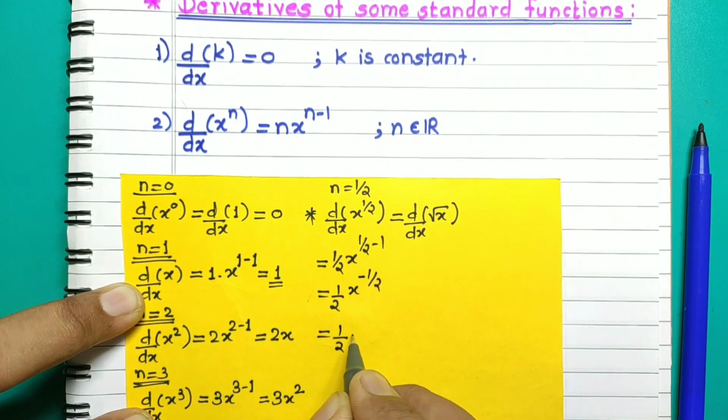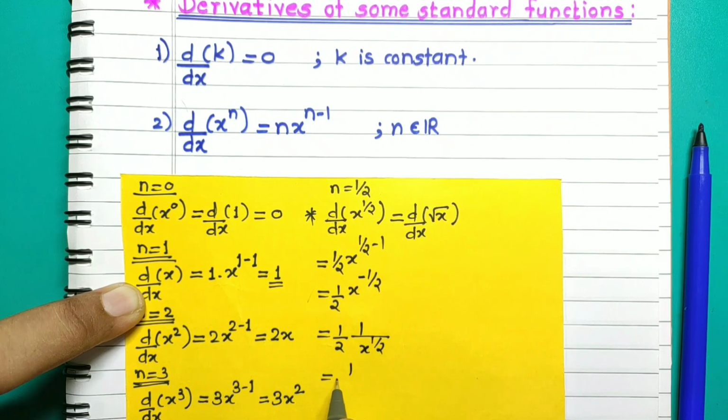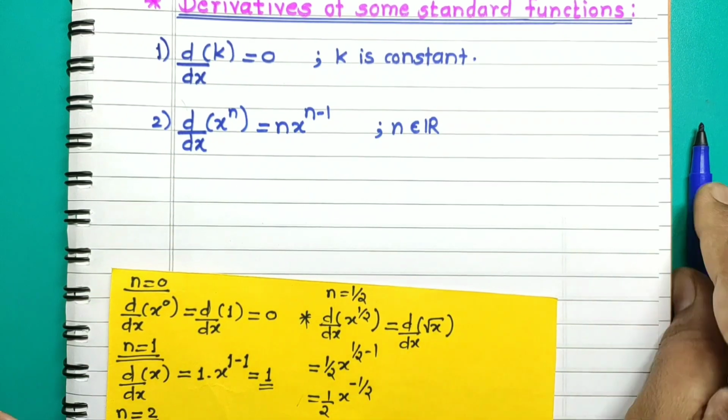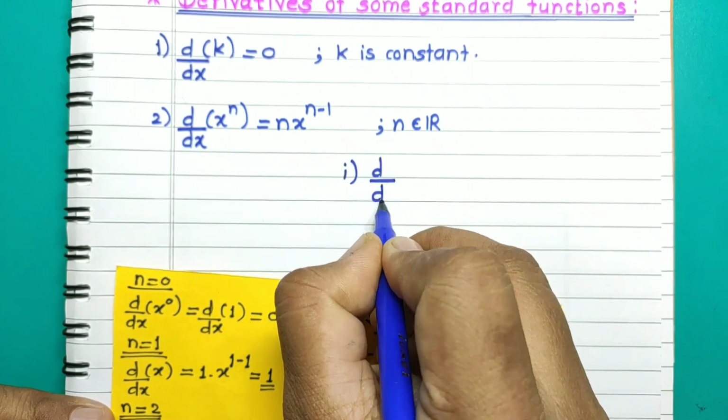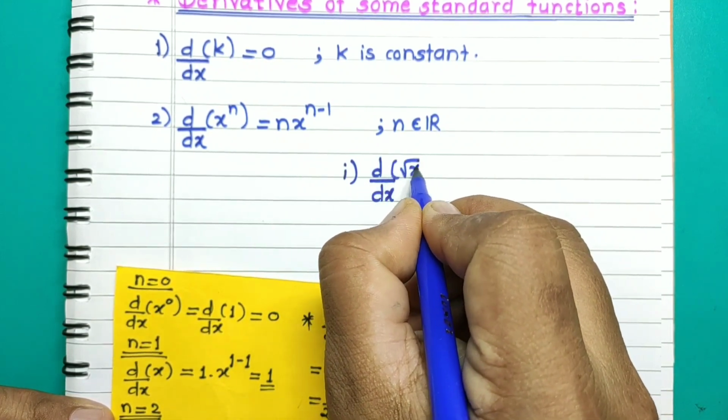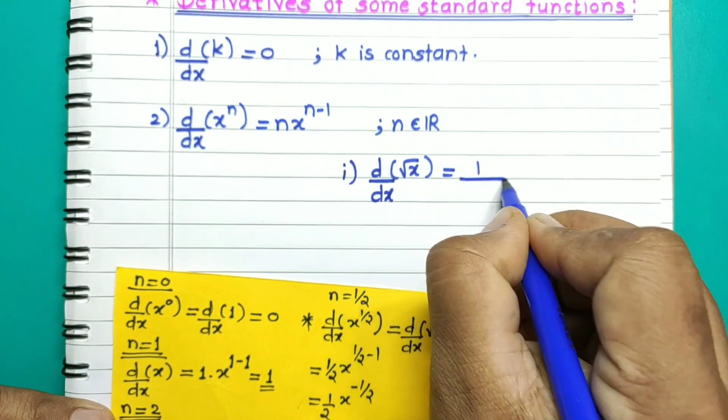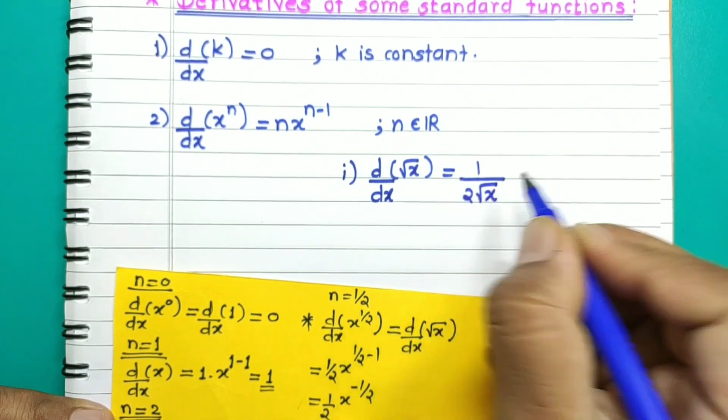So this is half into 1 upon x raised to half, so it is 1 upon 2 into x raised to half, which is root x. That means the derivative of root x is 1 upon 2 root x. Okay, let's add it to our list: the derivative of root x is 1 upon 2 root x.